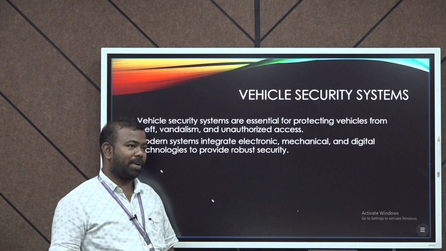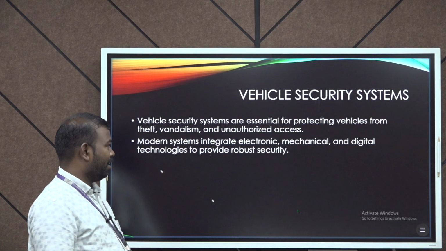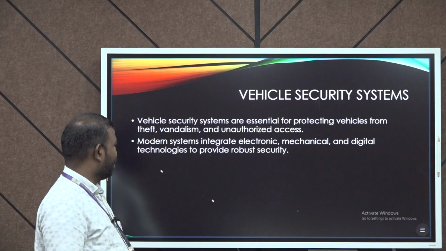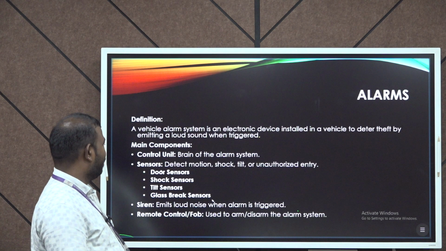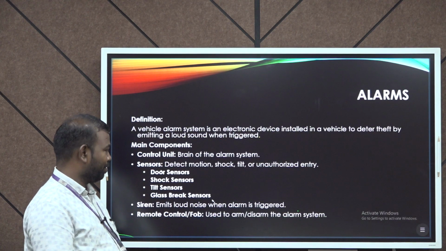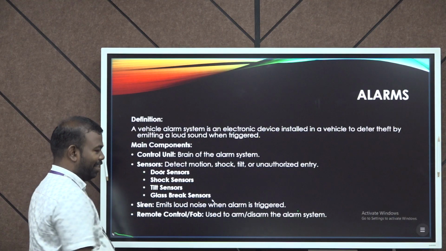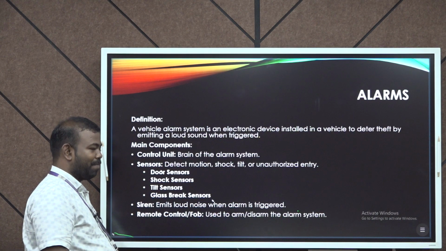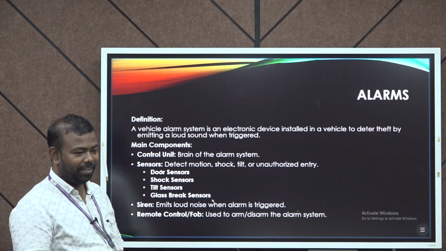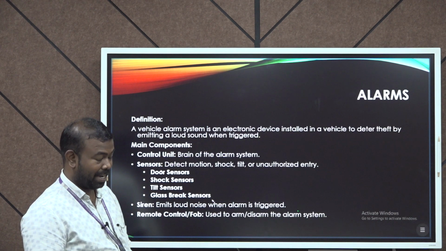Next, vehicle security system. The security system contains alarms and a vehicle tracking system. Regarding alarms, in modern vehicles many types of alarms are there. These are alarms which will sense human errors, right. Some types of theft are also detected with these kinds of sensors and alarms.